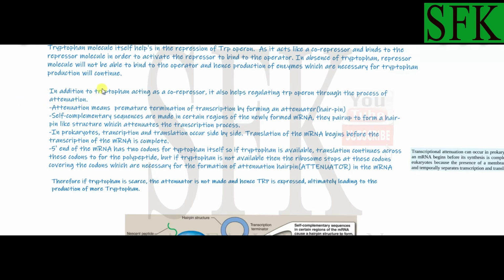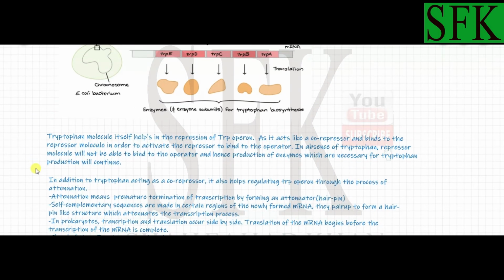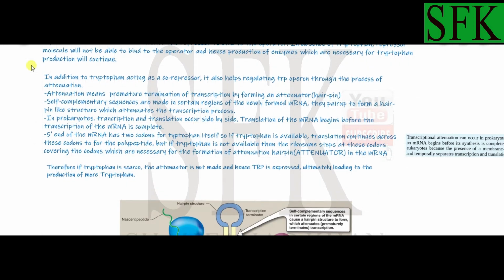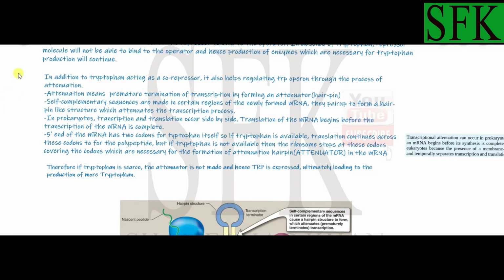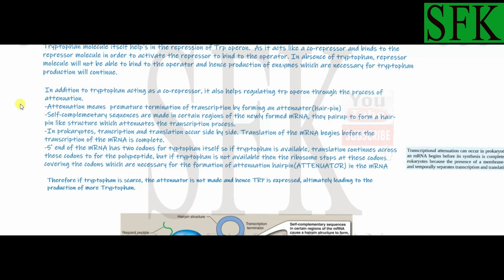Okay guys, this is another mechanism by which the trp operon is regulated, and again a very important one, because tryptophan acting as a co-repressor is not sufficient in repressing this operon. Sometimes it is incompletely repressed, so this other mechanism, attenuation, is needed. Attenuation literally means the premature termination of mRNA synthesis. It prematurely terminates the transcription.